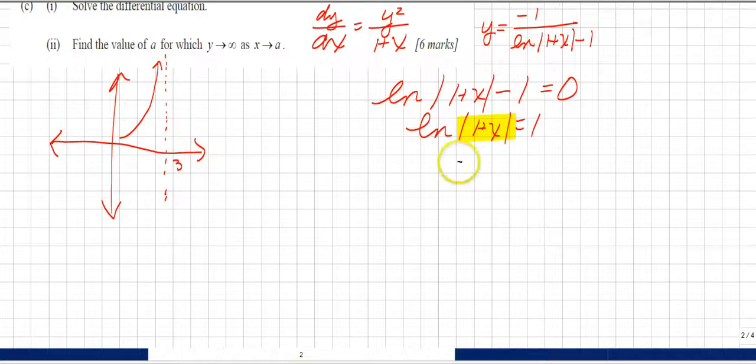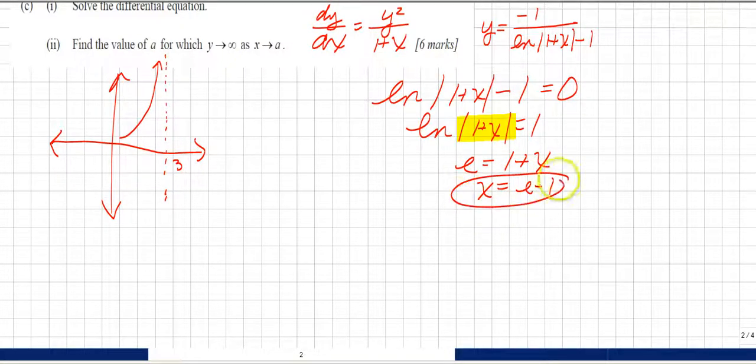So we simply take e and set it equal to 1 plus x, solving for x equals e minus 1. So if you take e minus 1 and plug it in for x into our solved differential equation, then the denominator will approach 0, which means that the function value, or y, will approach infinity.